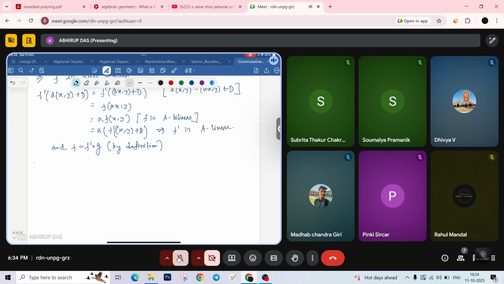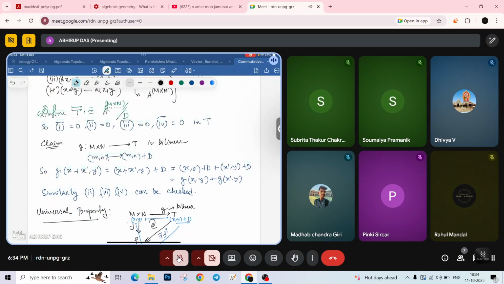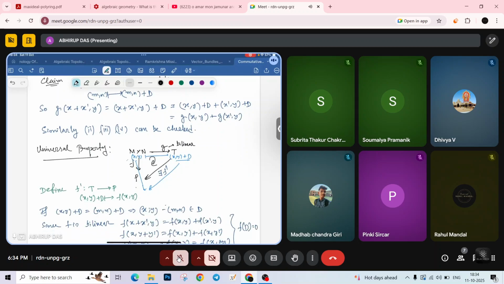Now again, uniqueness. So let f prime compose g. So first we are saying that f prime is from T to P, T is fixed here. Okay, so T is fixed.